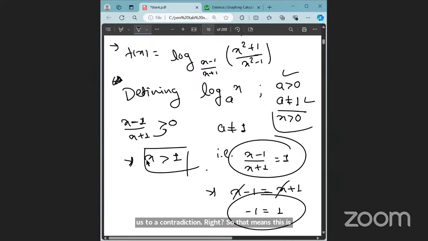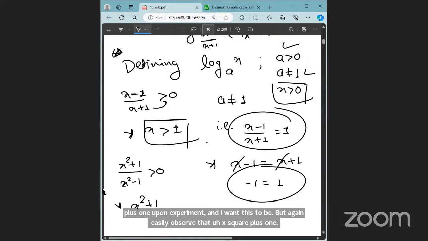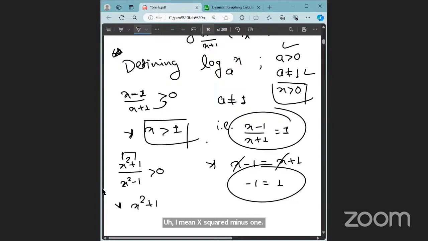Now let's get back to the condition that the argument is strictly greater than 0. Here in place of x we have (x square plus 1) upon (x square minus 1), and I want this to be strictly greater than 0. But you can easily observe that the numerator x square plus 1 is always positive because it's a square and two positive things are added.